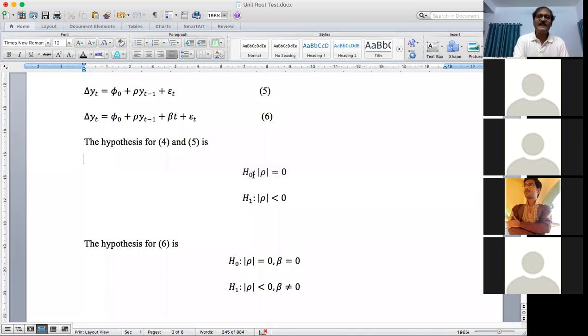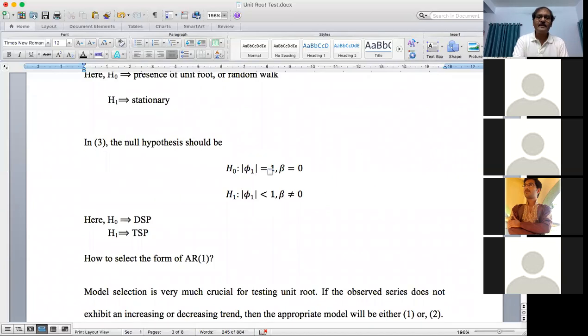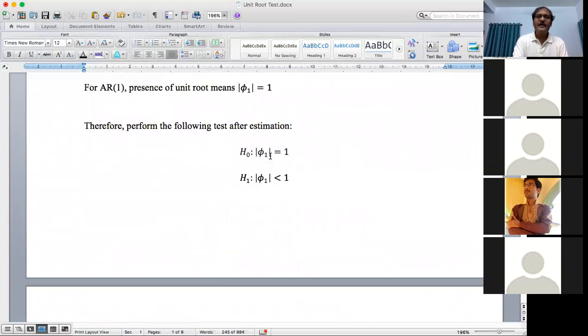So earlier we have said H naught, phi 1 is equal to 1. Phi 1 is equal to 1 was the null hypothesis.